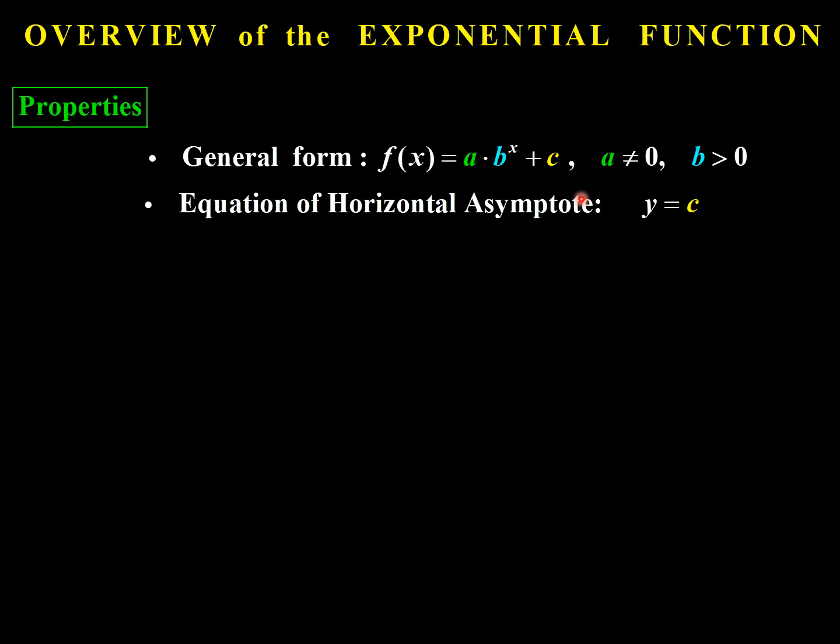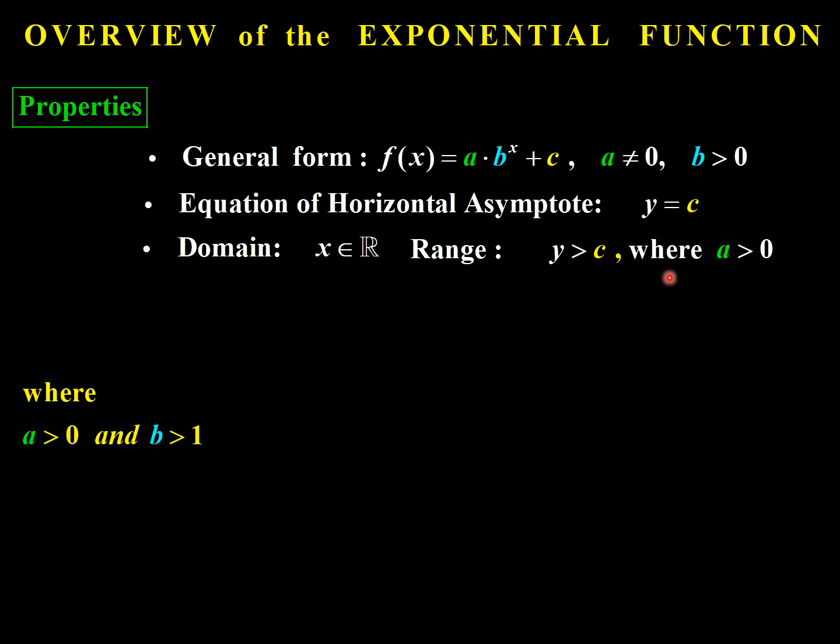So y equal to c gives us the asymptote, right? And the domain of an exponential function is always x, an element of the real numbers. And the range there will depend on the asymptote and also on the value of a. So in this case here, if a is positive, the range there will be y greater than c.